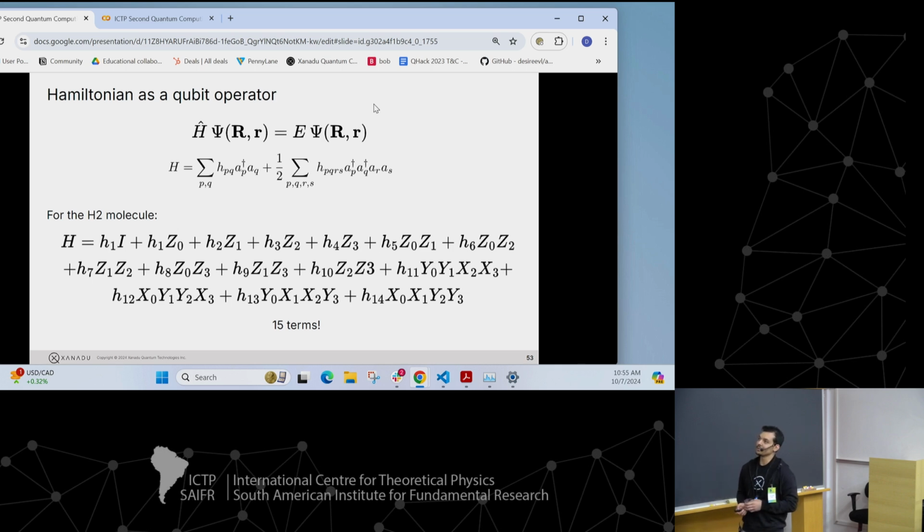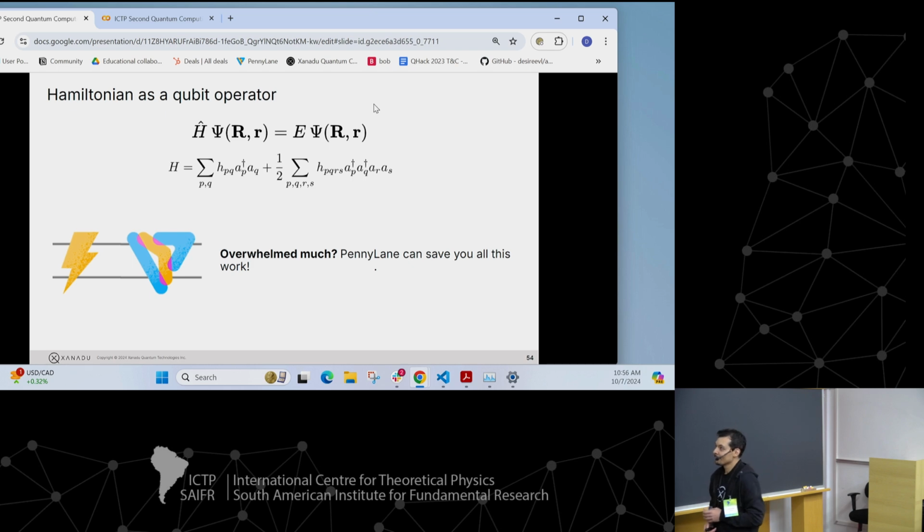So you can see that this gets very tedious. If you go to something like the H3 ion, you have something like 66 terms you will need to compute. So the nice thing with all of these methods is there has been a range of software developed to facilitate these things, and PennyLane is one of them, where you can do a lot of these computations with just a single line of code.